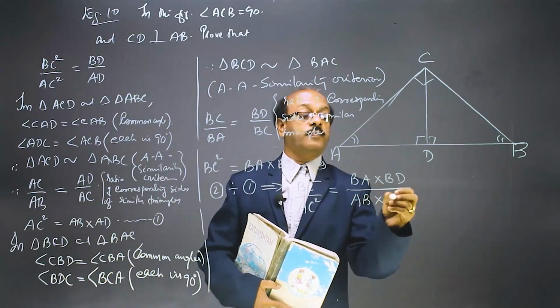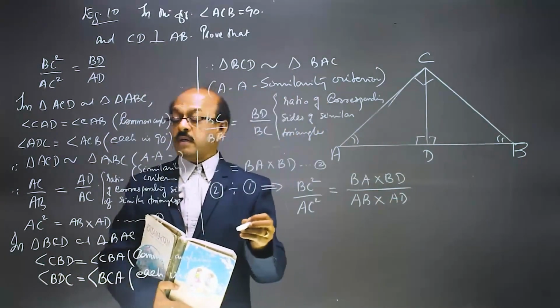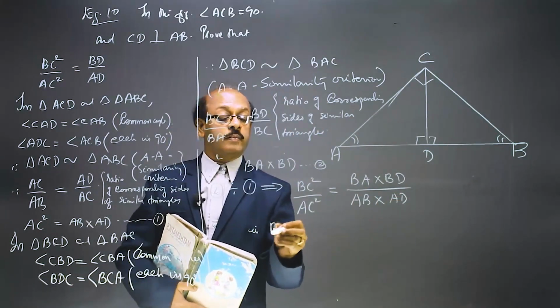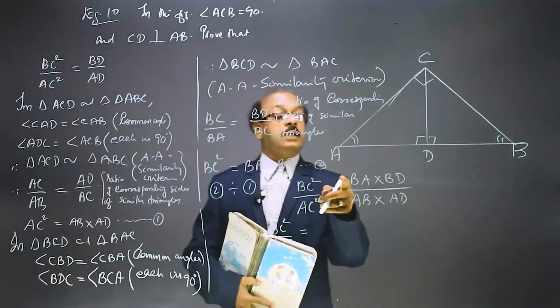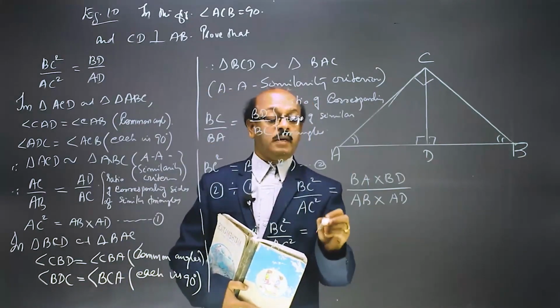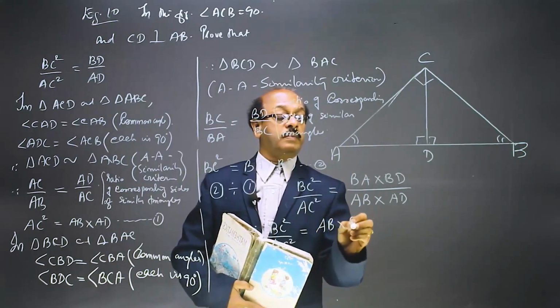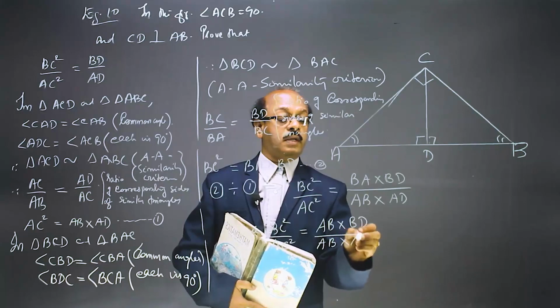AB and BA are the same, so we can write BA as AB. AB into BD divided by AB into AD.